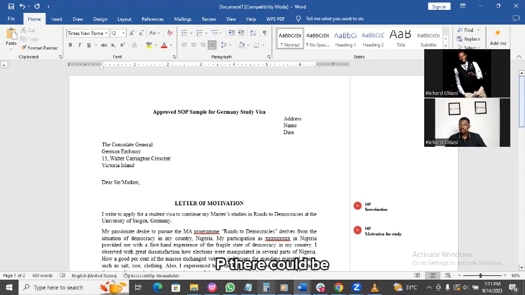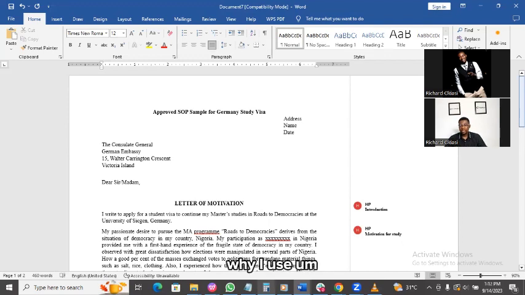In other SOPs, they could be more detailed to include financials, the money they set aside. They could also include more proof of funds, more proof of home ties, more proof of career and past academic records. It's also allowed, right? This one, like you can see, is simple and straight to the point.